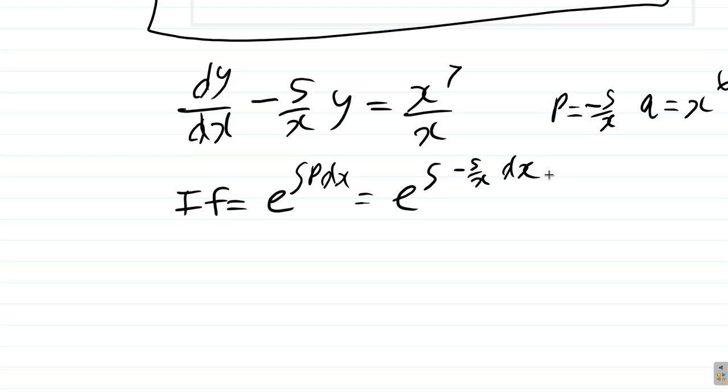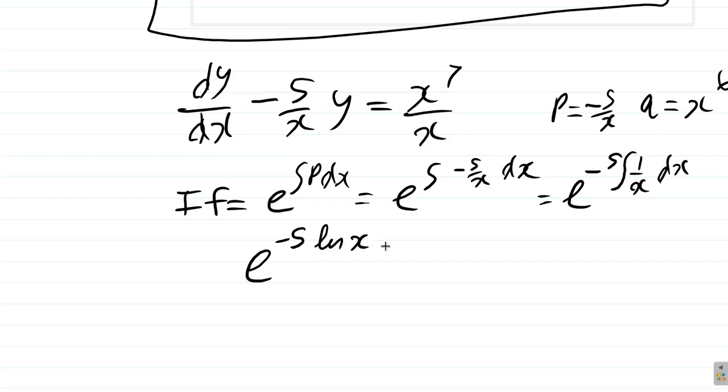Now, here is the same as e to the, we can just put the negative 5 outside the integral sign, and so you're integrating 1 over x dx. So it is e to the negative 5 times, what do you get when you integrate 1 over x with respect to x? Remember, it's ln x that you will get, right?